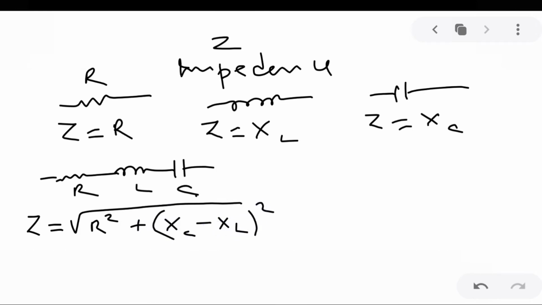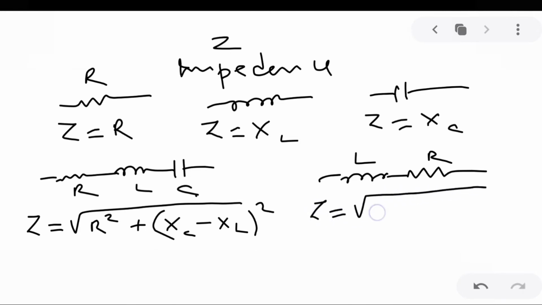square. Now similarly, if you have only two elements, suppose an inductor and a resistor of resistance R, in that case this term will not be there because there is no capacitance. So we will have Z equal to the square root of XL square plus R square.